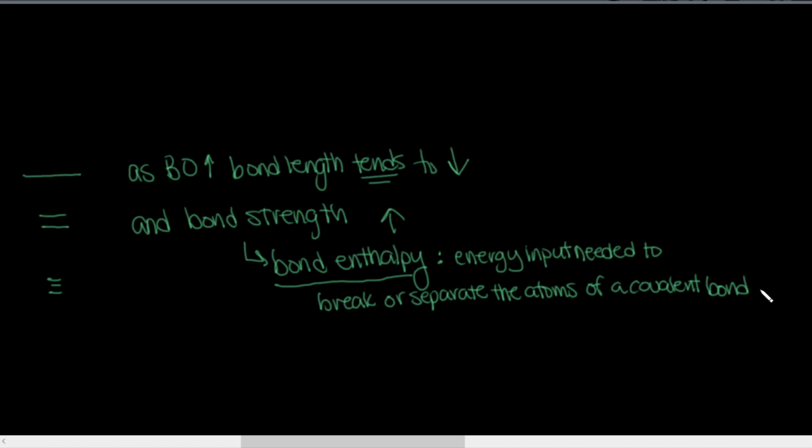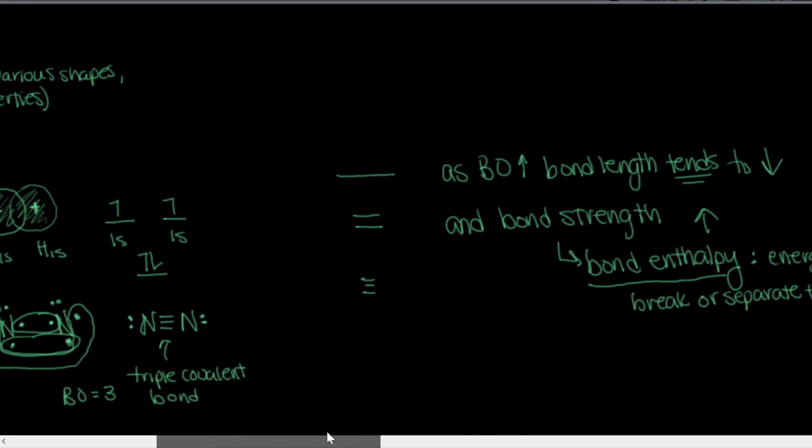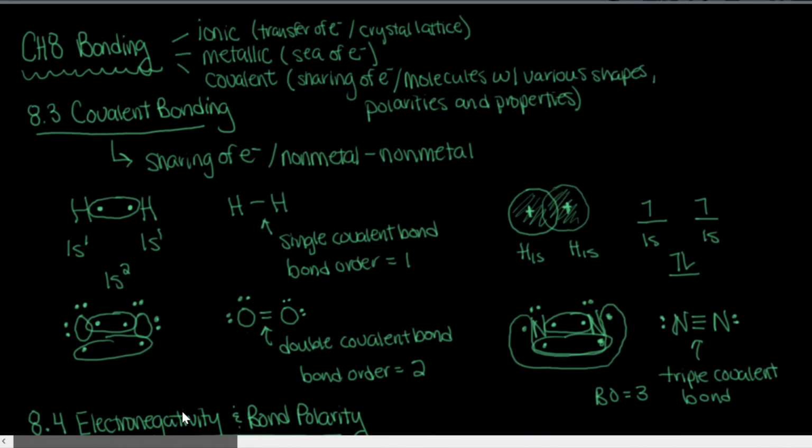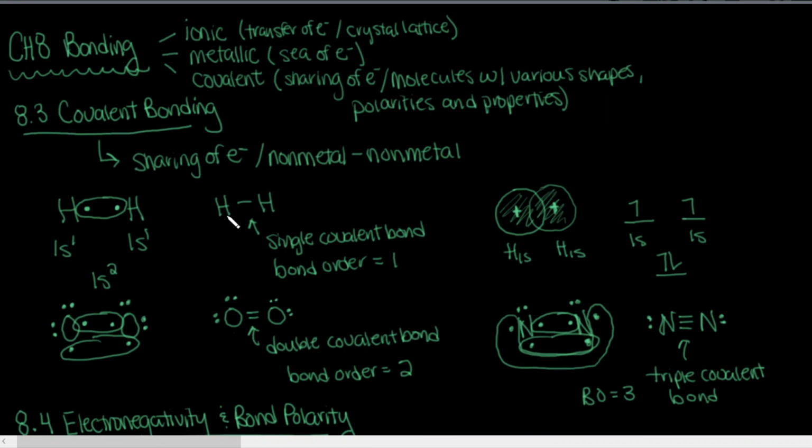Now let's look at some values here. The reason I said tends to decrease is that it really would not be fair to compare the length of this hydrogen-hydrogen single bond with the length of this oxygen-oxygen double bond and nitrogen-nitrogen triple bond.